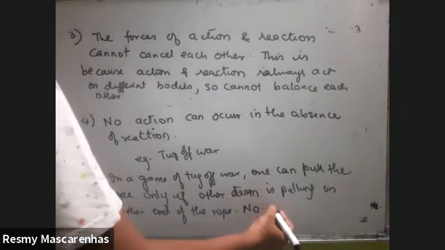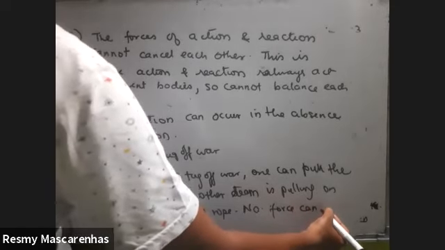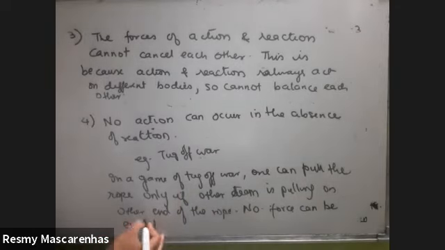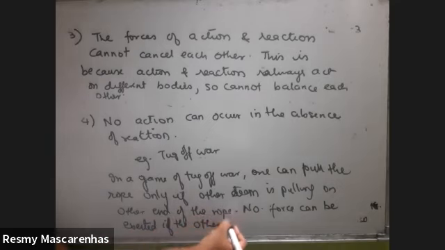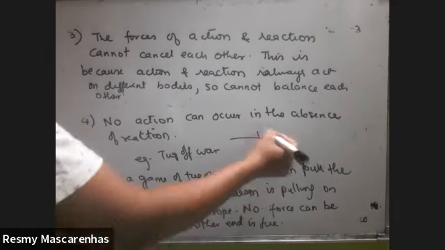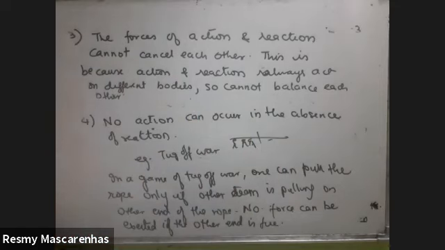No force can be exerted if the other end is free. Like how the other end is free, the person doesn't even have to apply force. What's the point of applying force? There is no one to resist it.